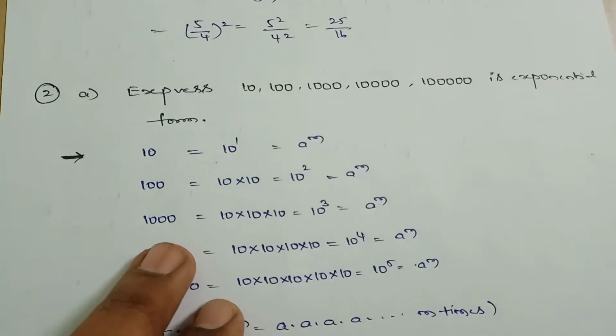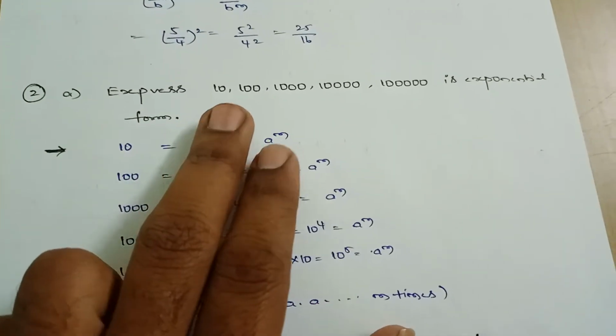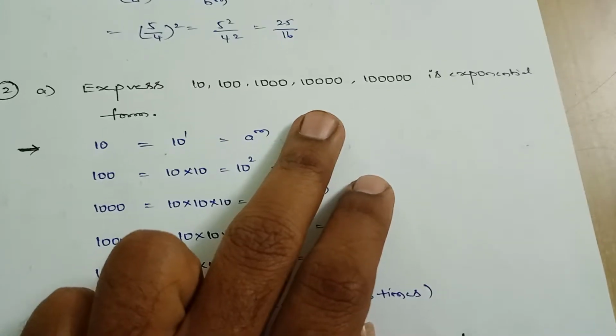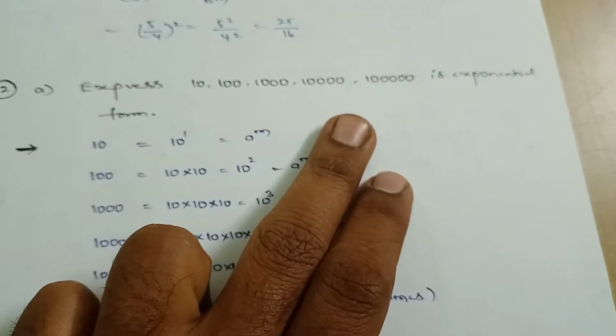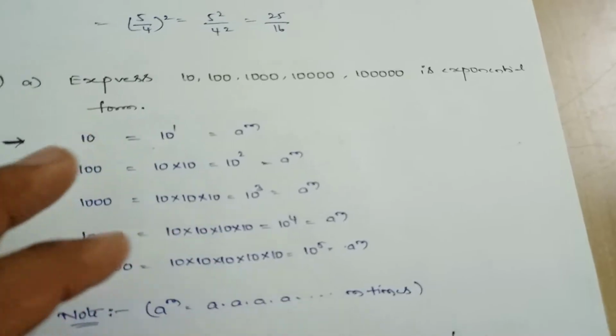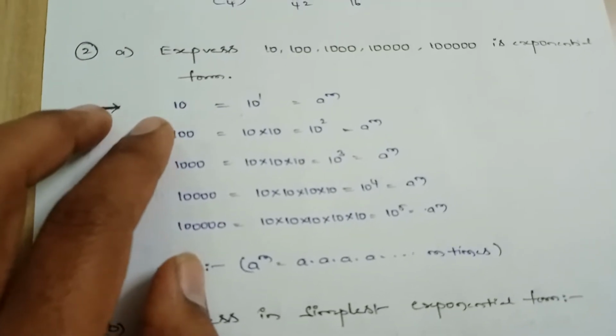Okay, coming to the second question, what is given here? Express 10, 100, 1000, 10,000, 1 lakh in exponential form. We have to express the given numbers in the form of exponential form. Simple, guys.